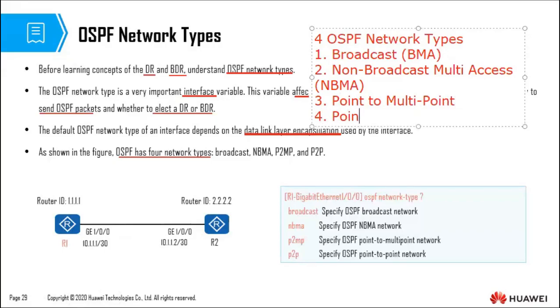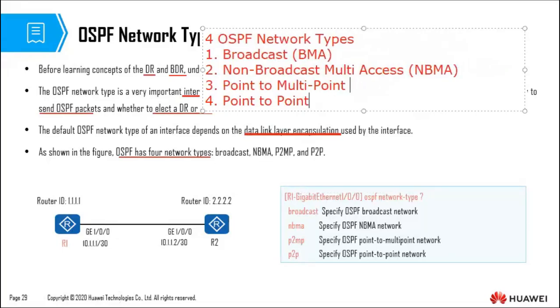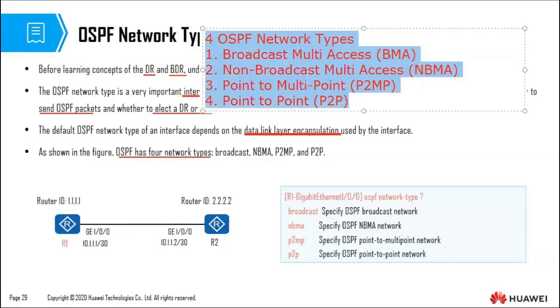And lastly, we have point-to-point network. So these are the four network types. This one, short form is P2MP. This one, short form is P2P. Let me just call this one broadcast multi-access. So those are the 4 OSPF network types.